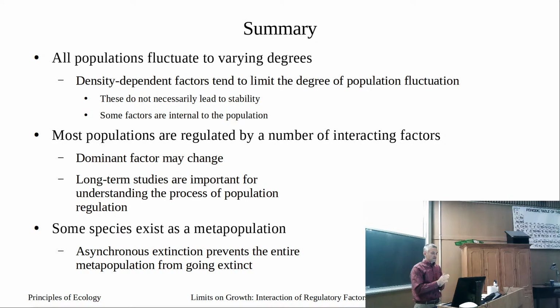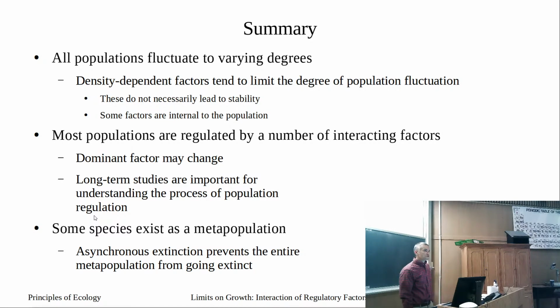And then we finished up with metapopulations and recognized that some species do exist as a metapopulation. They get there due to habitat heterogeneity. Sometimes we get there through human intervention. Intervention is probably not the best word; human development would be a better term. Key to those populations is asynchronous extinction.